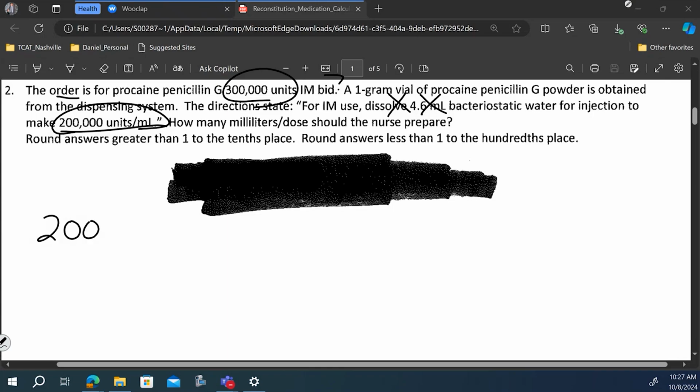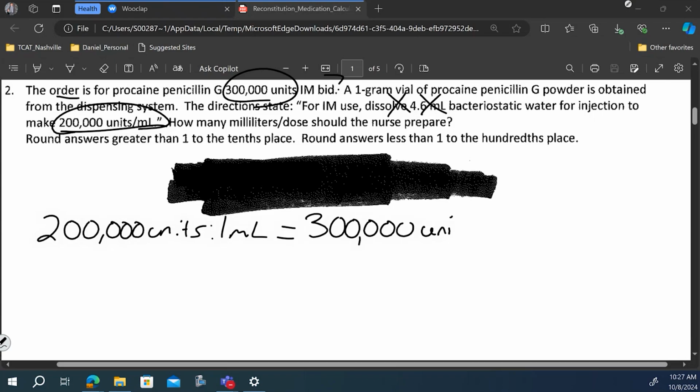I know I have 200,000 units. Tired of writing zeros already. Right? To 1 milliliter equals 300,000 units to X milliliters. And I just work it like I always would. Means and extremes, inside, outside.